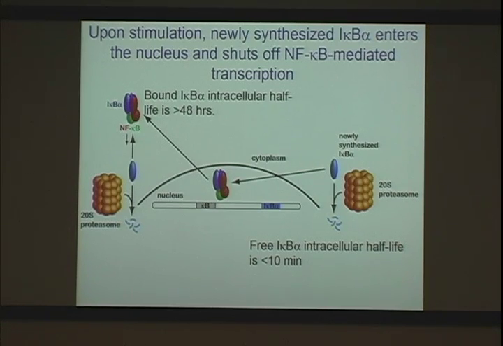On the other hand, newly synthesized IkBα, if it doesn't find an NF-κB to bind to, has an intracellular half-life of less than 10 minutes. This degradation pathway is completely different from the other one. This pathway does not require phosphorylation or ubiquitination. It just happens because this protein is inherently unstable unless it's bound to its binding partner.